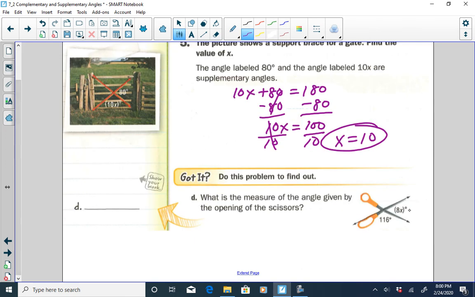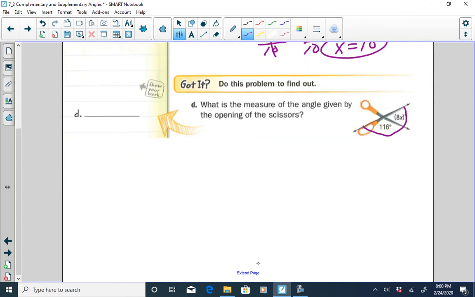All right? Almost done here. These two angles are supplementary because they make up this straight angle here. So because they're supplementary, they have to have a sum of 180. So that's the equation we want to write. So we'd write 8x plus the 116 has to be equal to 180.